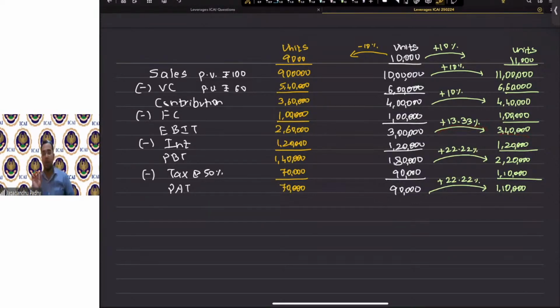So a 10% effort leads to a 13.33% result in the form of EBIT, and a 10% effort in sales leads to a 22.22% result in profit after tax. So a 10% increase in sales causes a 13.33% increase in EBIT and a 22.22% increase in PAT, right?